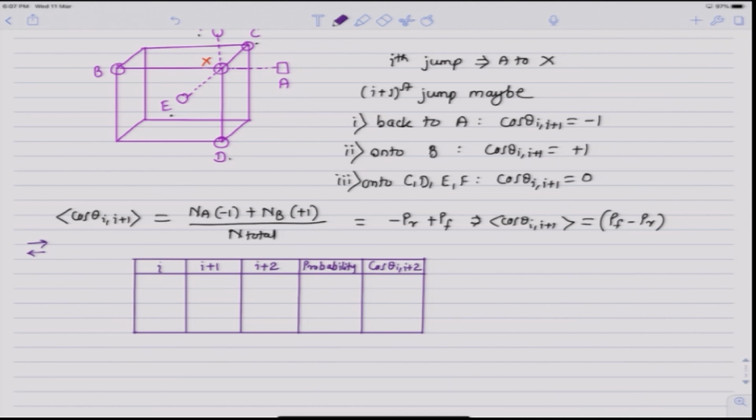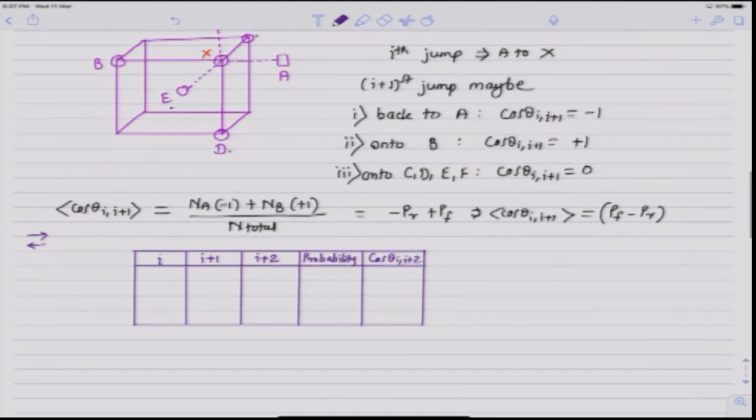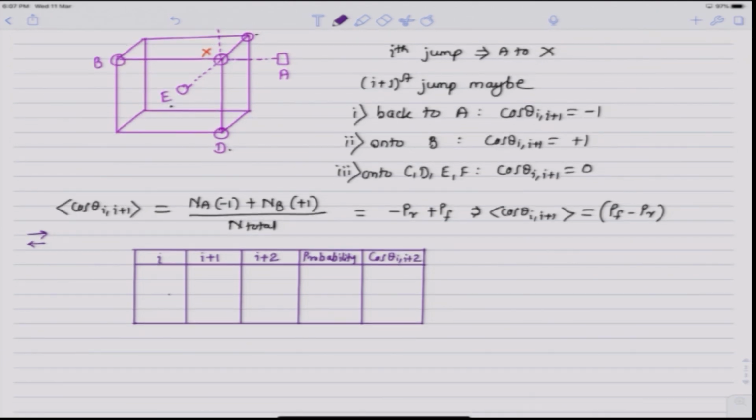Now, a left arrow may indicate a reverse jump or a forward jump depending upon the previous jump, because these are correlated jumps. So, the ith jump of atom X here was from A to X, and so let us denote the ith jump as a left arrow.